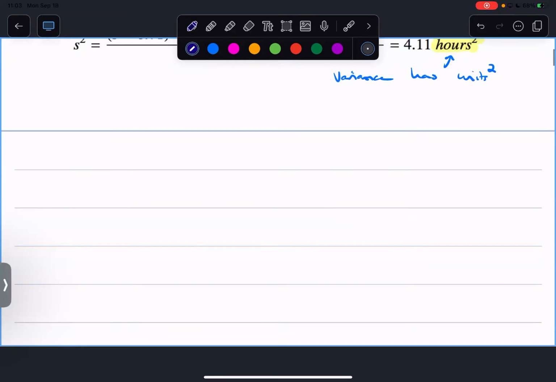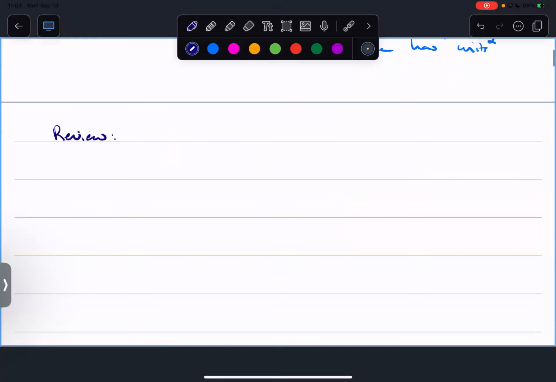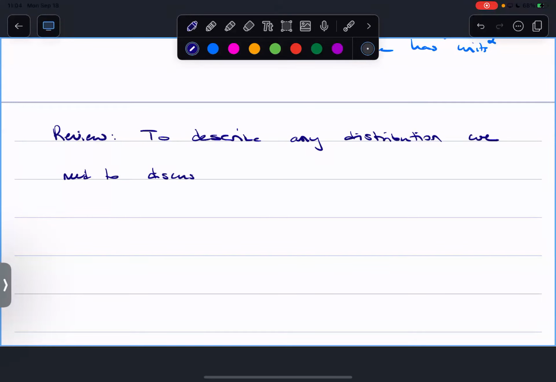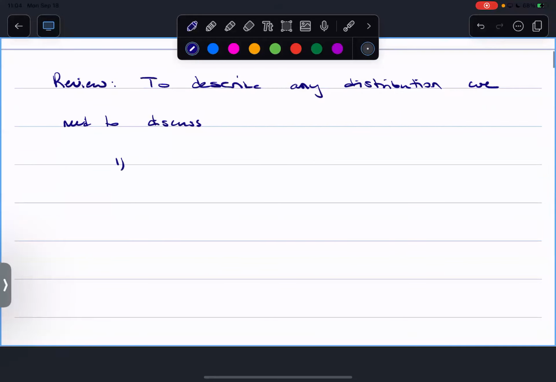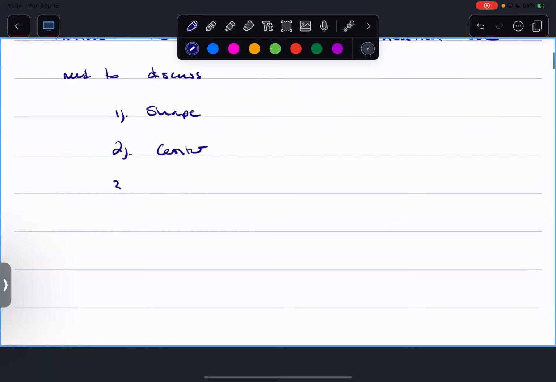So as a little bit of review, we said to describe any distribution we need to talk about three things: one, shape, two, center, and three, spread.